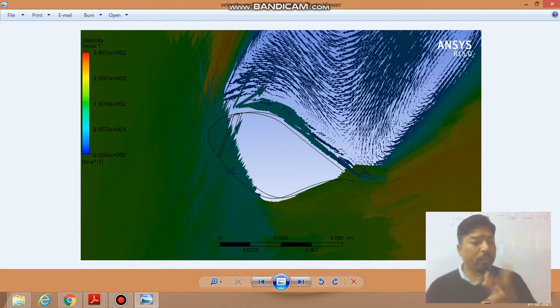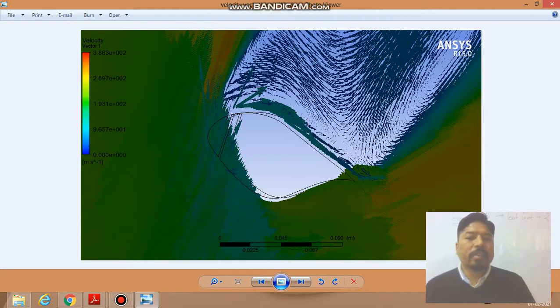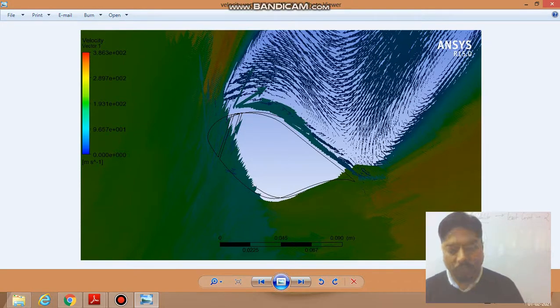So one point at the start is known as the stagnation point, where the fluid divides into two parts, depending upon the geometry or shape of the object. And the flow separation phenomenon is where the boundary layer separates from that particular surface.